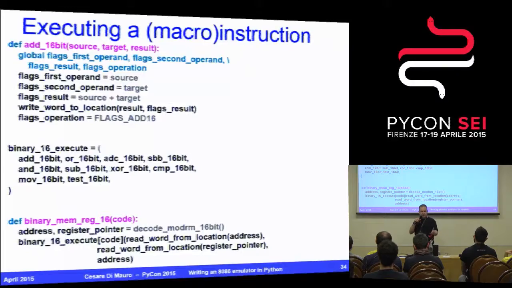It stores the operands, calculates the addition of the operands, and stores them in the flags result variable. Then it writes the result on the address, and then also stores the operation made in another variable. That's very simple.